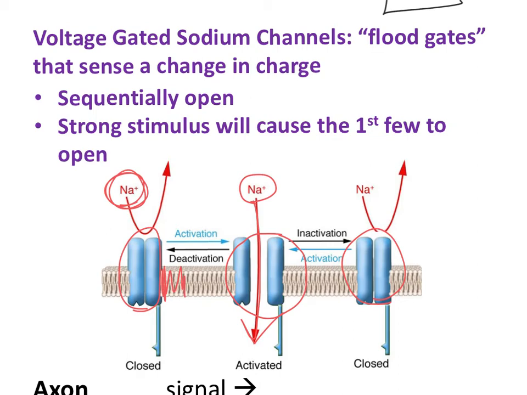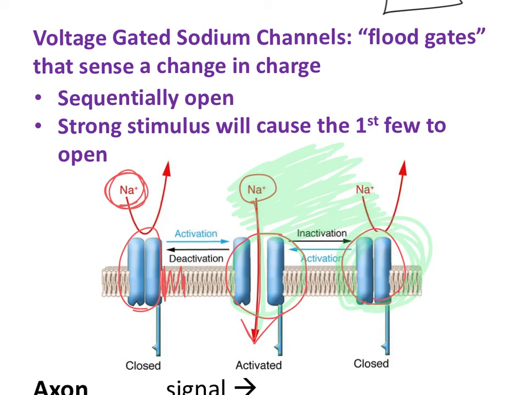Hydrophobic regions point in, hydrophilic regions point out. So I can change the shape of a protein by changing the charge of the environment it is in. So when this channel opens here and sodium goes through, the charge in this green area changes, causing the next protein channel to open because of a shape change.